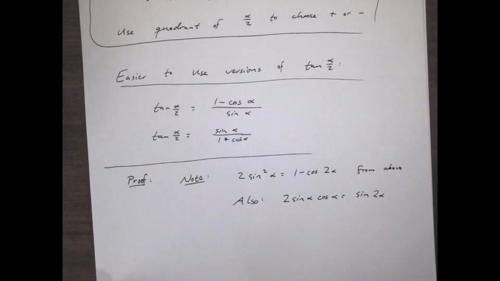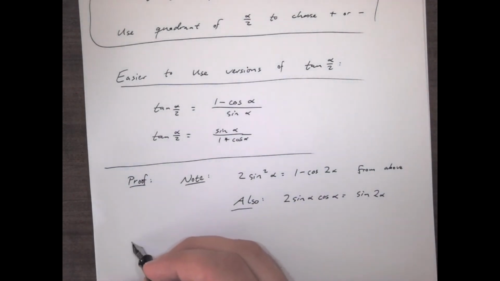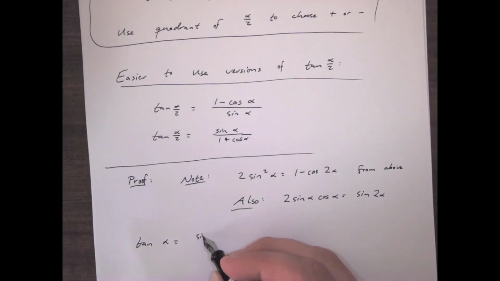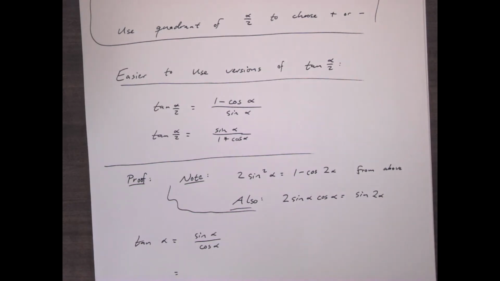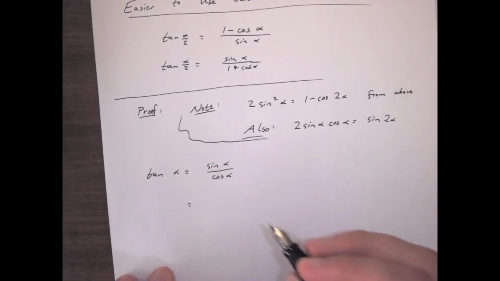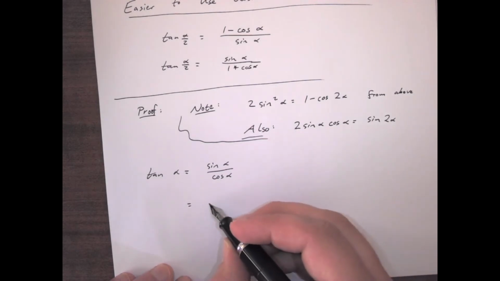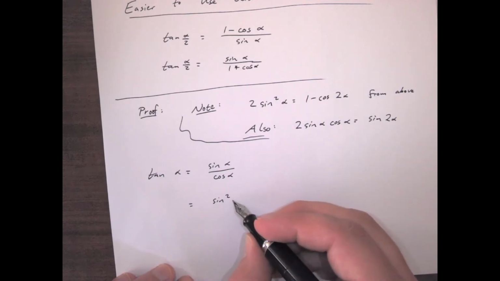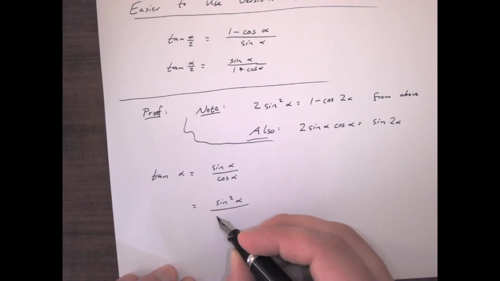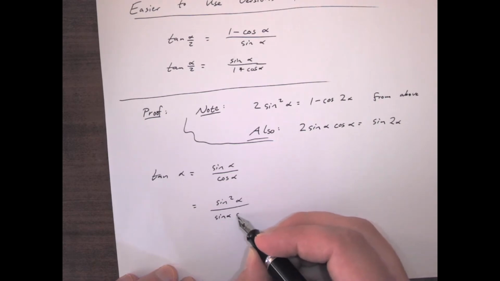All right, so now tangent of alpha is the same as sine alpha over cosine alpha, just by regular old definition. This is just like a side note that we'll use. So this is the definition of tangent, really. And now if I multiply the top and bottom each by sine, then I would get sine squared alpha over sine alpha cosine alpha.